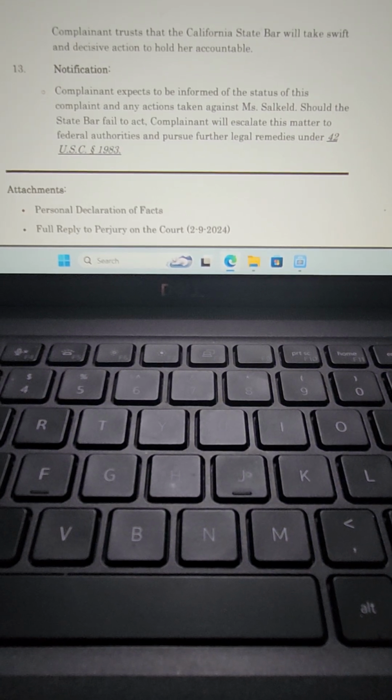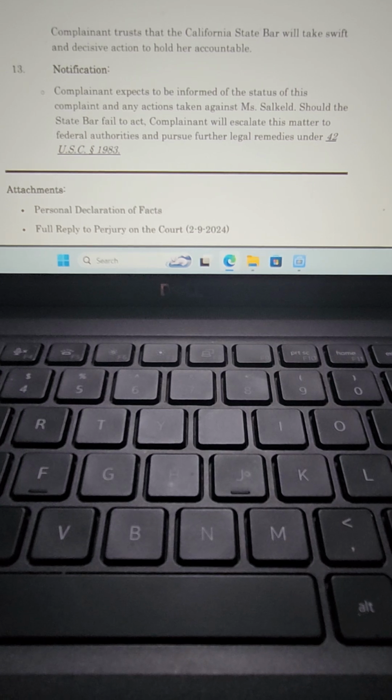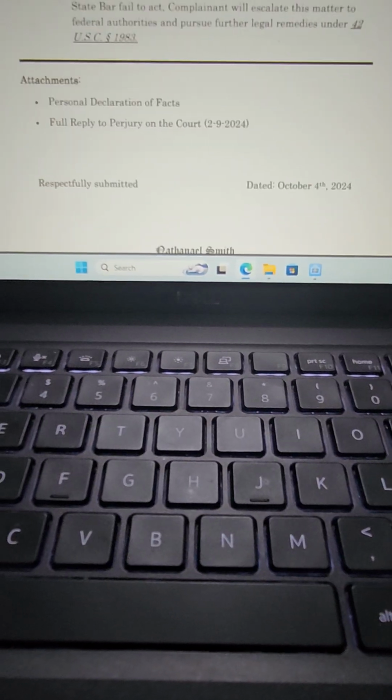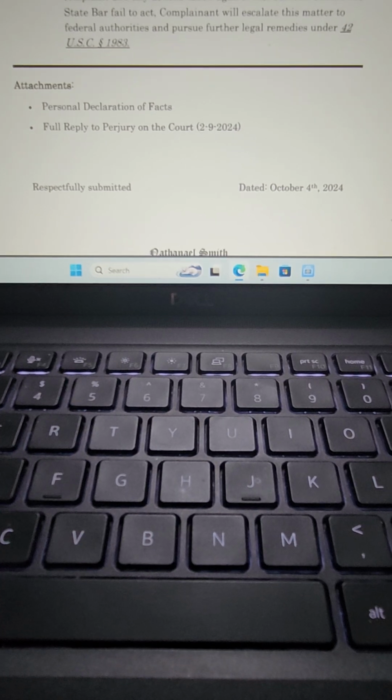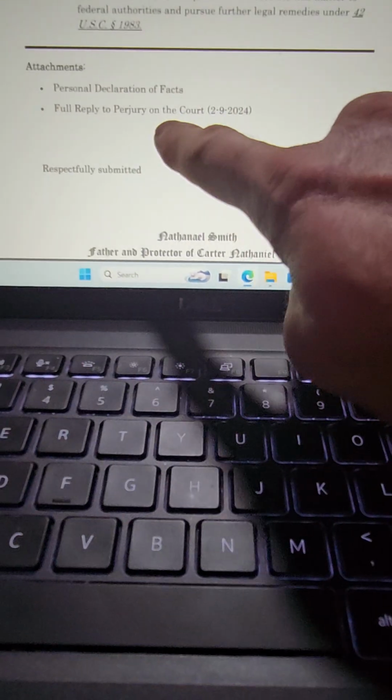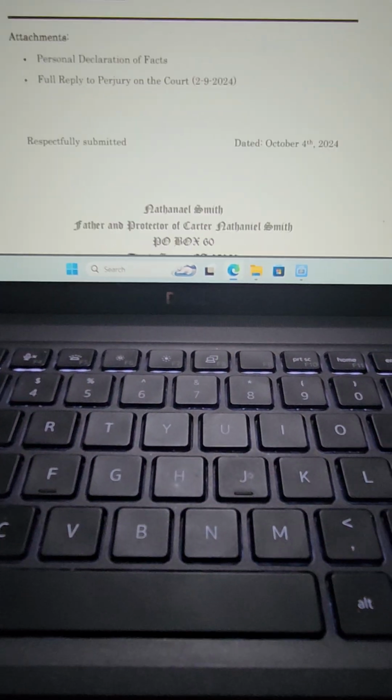Complainant will escalate this matter to the federal authorities and pursue further legal remedies under 42 USC 1983. Here's the attachments: personal declaration of facts, full reply to perjury on the court, right? This is proof with the medical records that they committed perjury. So respectfully submitted.